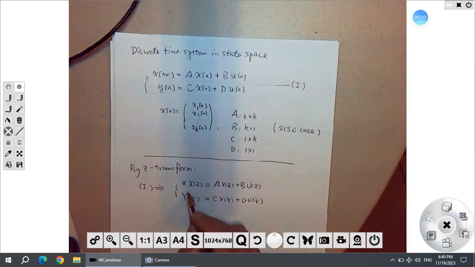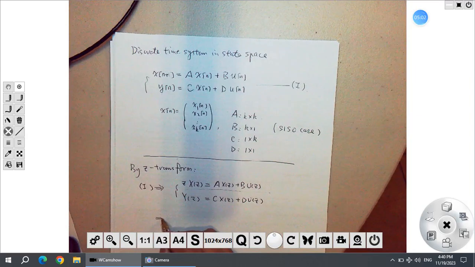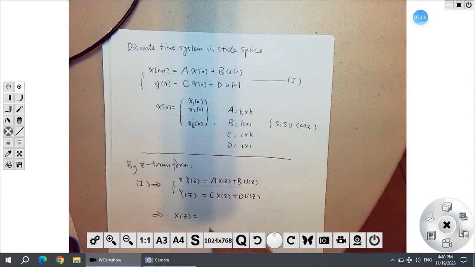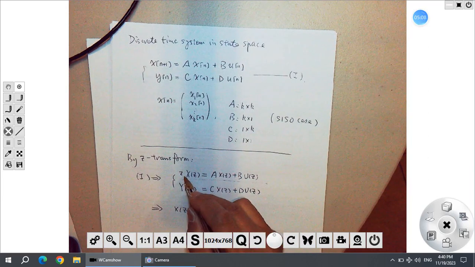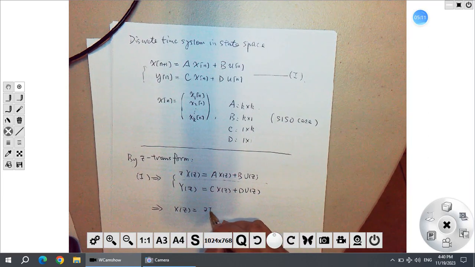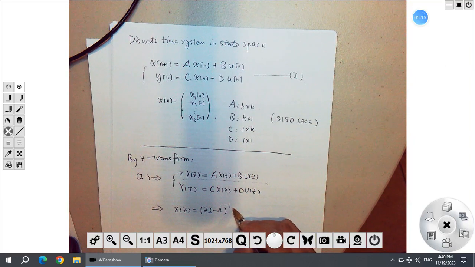From the first equation, I move A to that side, and we have x of z equals (zI minus A) inverse times B times u of z.